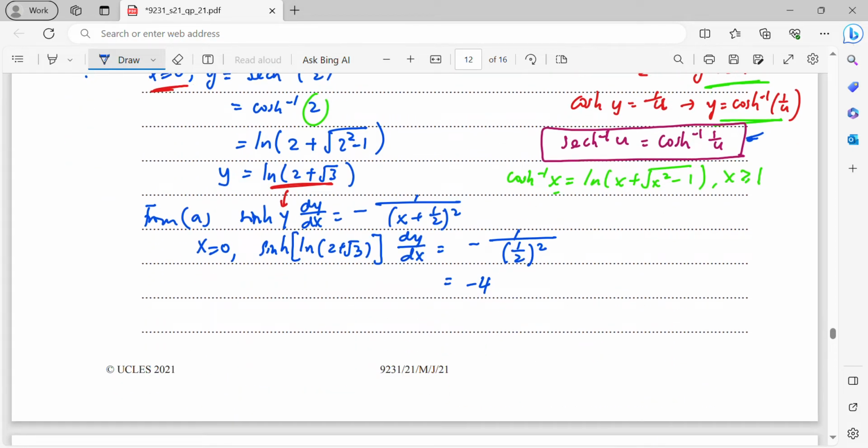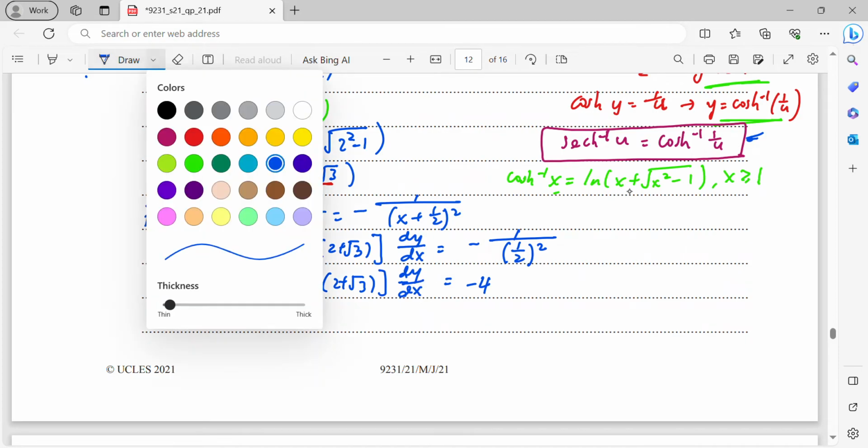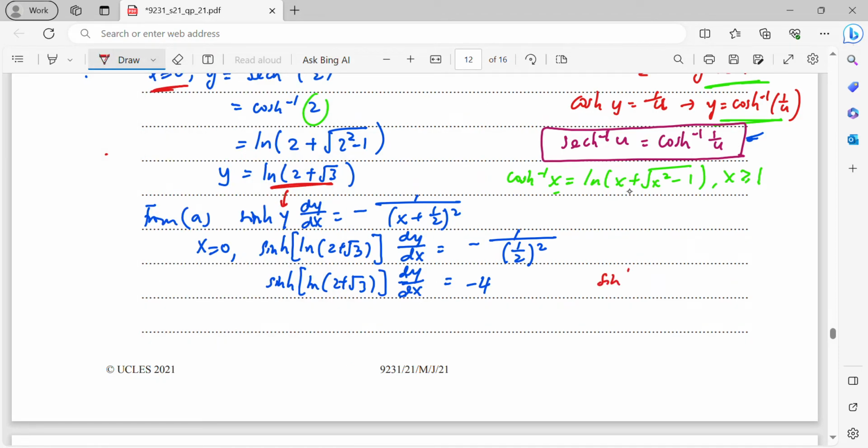But then I need to find out what is my sine of the ln. So I will rewrite first. For your information, sine x is half of e to the x minus e to the negative x. So now this is my x.